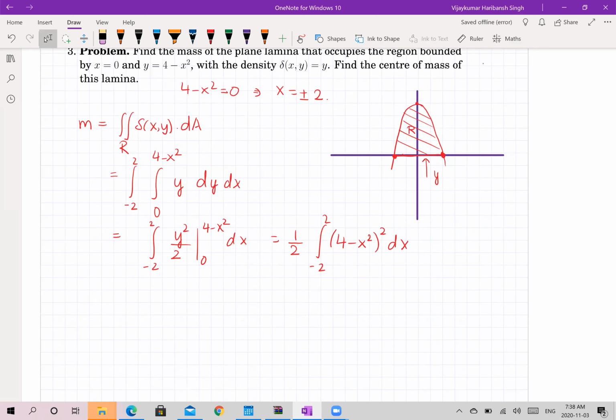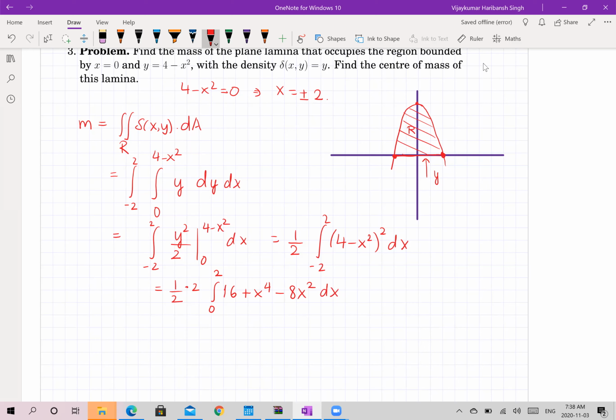Now this is an even function, so you'll get 2 times that. So we have 1 by 2 times 2, integral from 0 to 2 of (4 minus x squared) the whole square. Let me expand that: 16 plus x to the 4 minus 2 times 4 times x squared, which is 8x squared, dx.